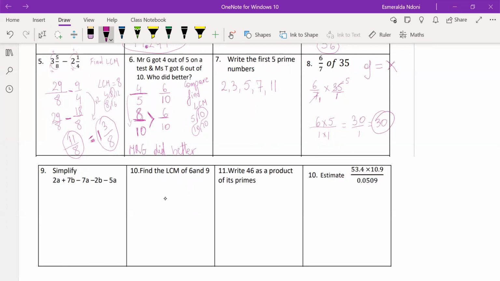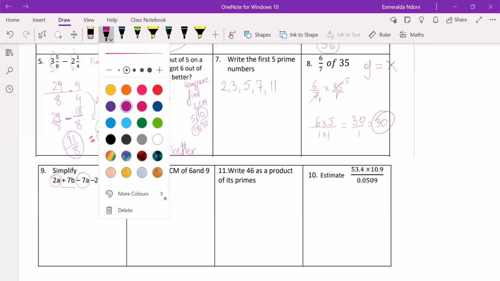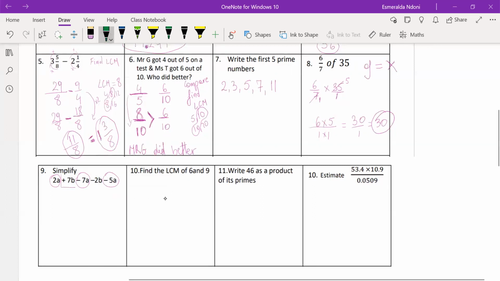We need to collect like terms. So the ones that are the same, we're going to circle them together with a sign. And the ones that are different, I'm going to grab a different color, so then it's easier to see. We said we're going to put squares around them with the sign.